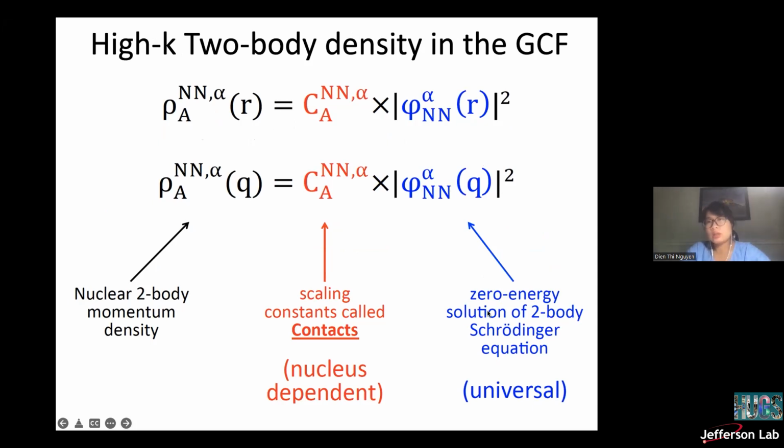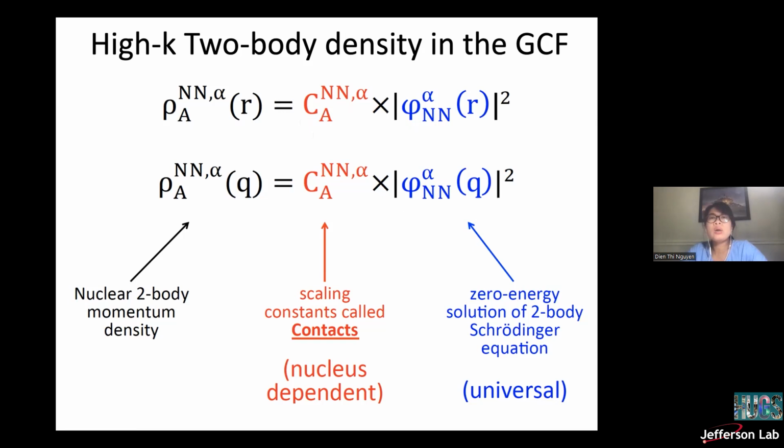You can solve the Schrodinger equation for the two-body, so this is doable, and this is supposed to be universal. So from the two-body density, and with the universal information, you just need to solve it once. Then you will be able to calculate the contact for different nuclei. And when you have it, you can use it to calculate different things. So that is the idea.